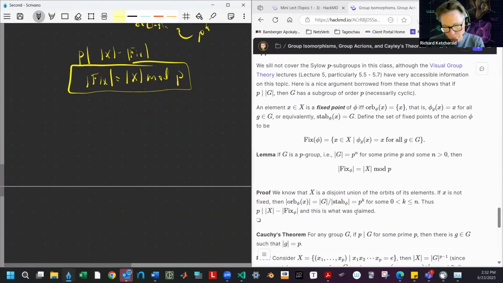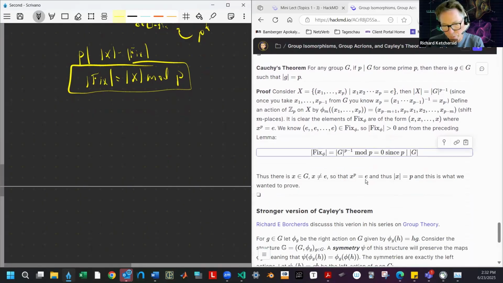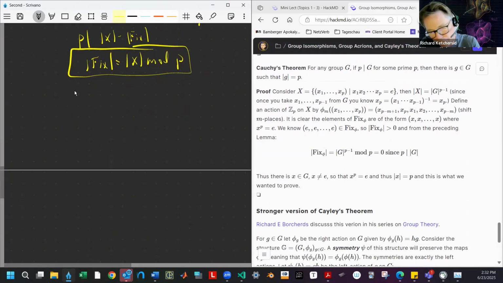And here's how the proof is going to go. It's really cute. It's written down right here in case I mess something up along the way. I want to prove that every group of order divisible by a prime p has an element of order p.